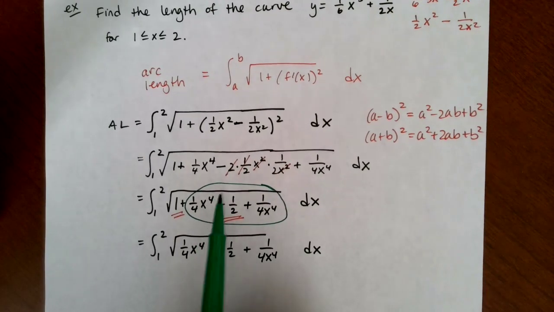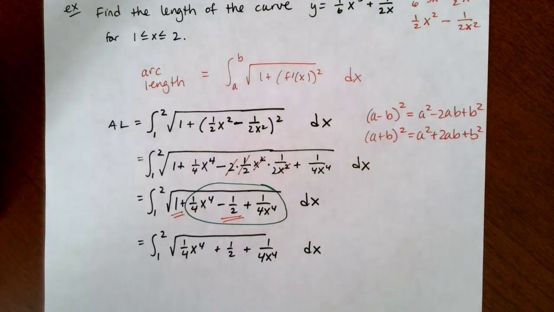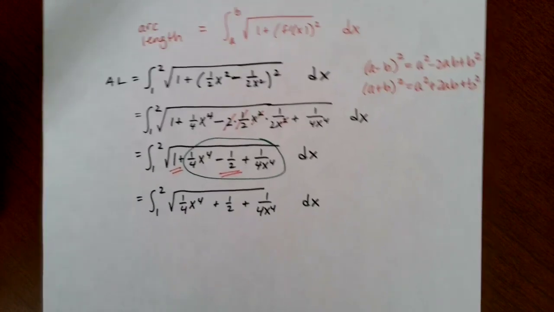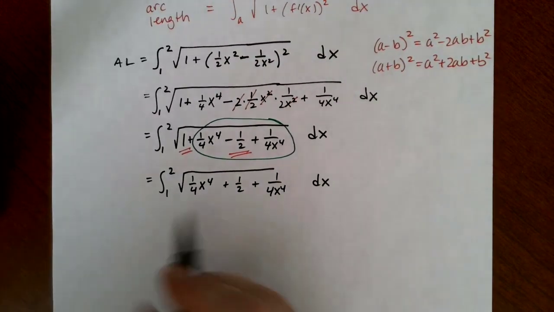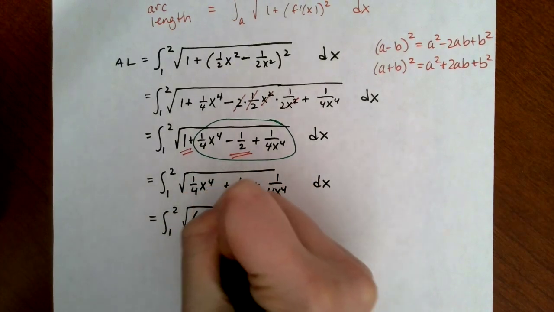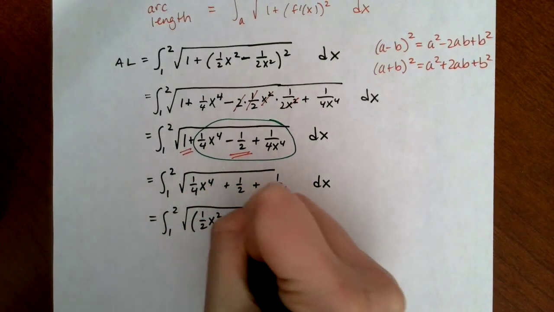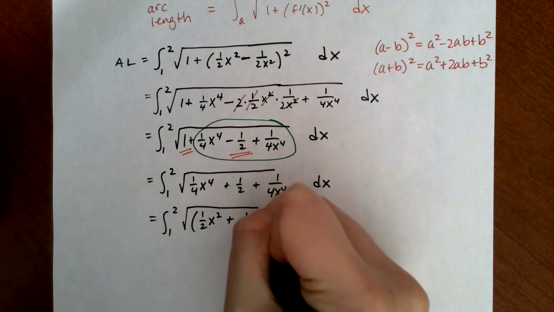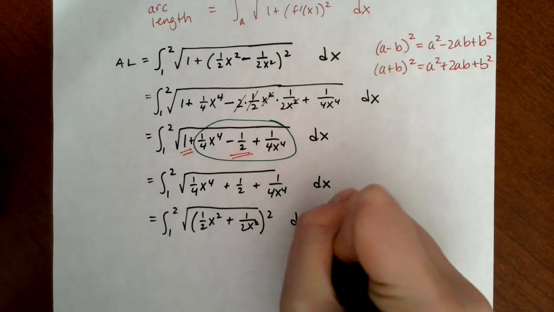So if this is that minus that squared, then all this is this plus that squared. So we can take everything under the square root and kind of refactor it, even though it's a funky looking function. We can still make it 1/2 x squared plus 1 over 2x squared, squared.